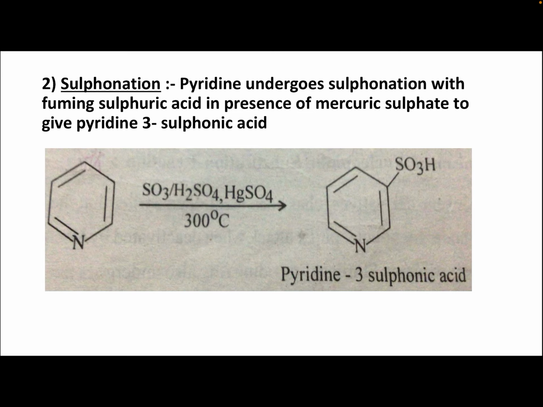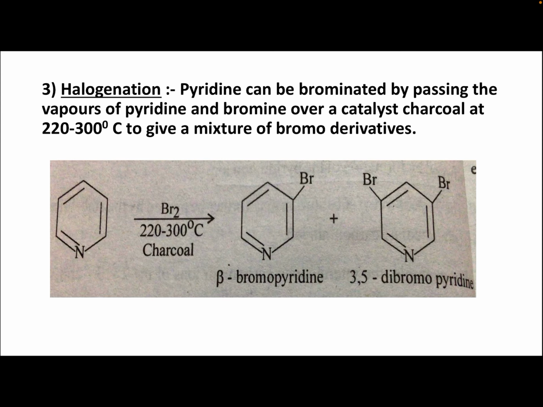As we know, electrophilic substitution is taking place at position 3, so the sulfonic acid group SO3H is attacking on 3rd position, and pyridine 3-sulfonic acid is formed. So sulfonation of pyridine in the presence of mercuric sulfate and fuming sulfuric acid gives pyridine 3-sulfonic acid.